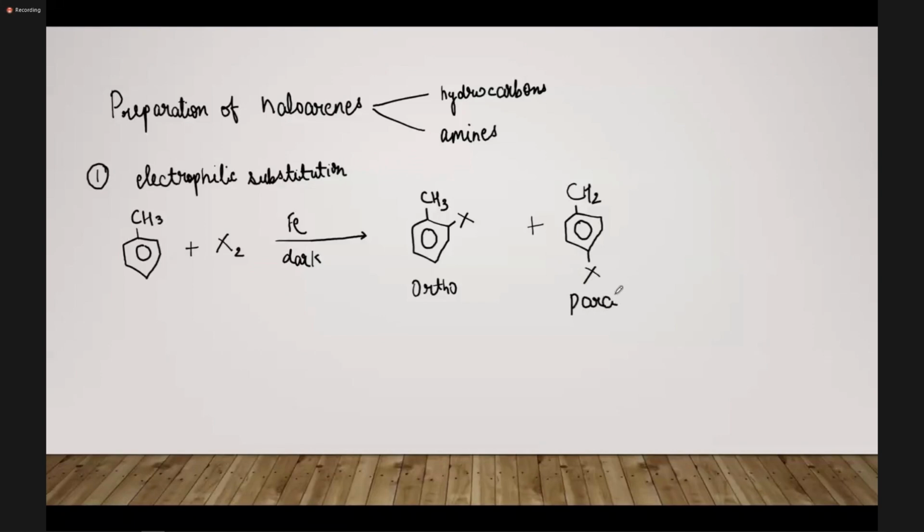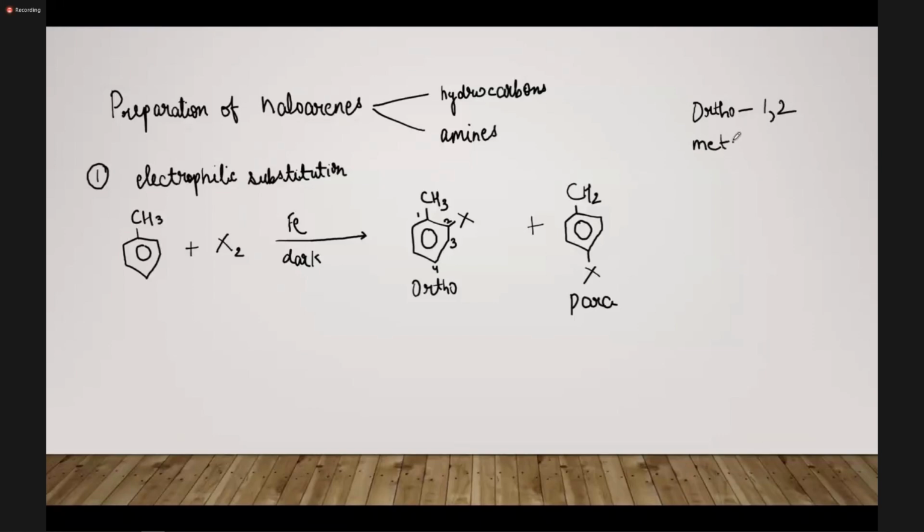Why are we writing ortho? Because CH3 is attached here. We will call this carbon carbon 1, this will be carbon 2, this will be carbon 3, this will be carbon 4, and so on. Ortho is when two substituents are attached to the benzene ring in adjacent positions, that is 1 and 2.